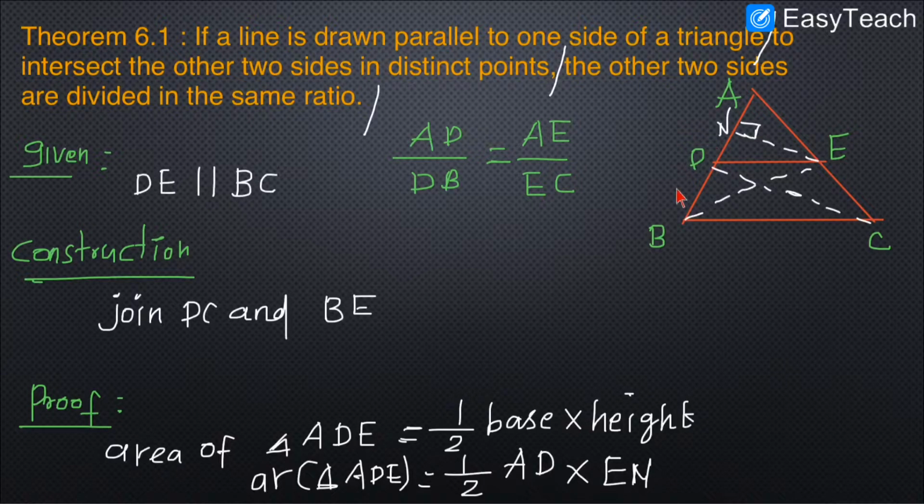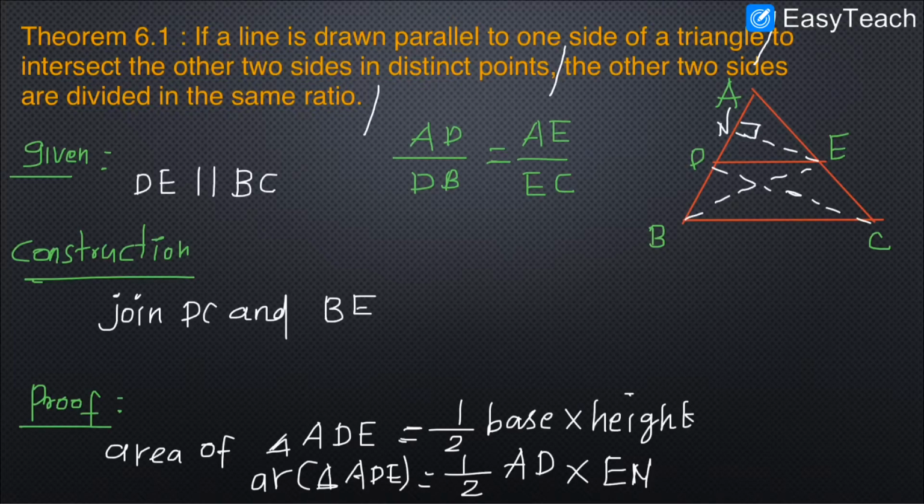Next I am going to take the triangle DBE in order to prove this one, DB. We have DB in this triangle, right? Okay, let's start. Area of triangle BDE, half into base. Here the best base which is of benefit to me is DB, right?